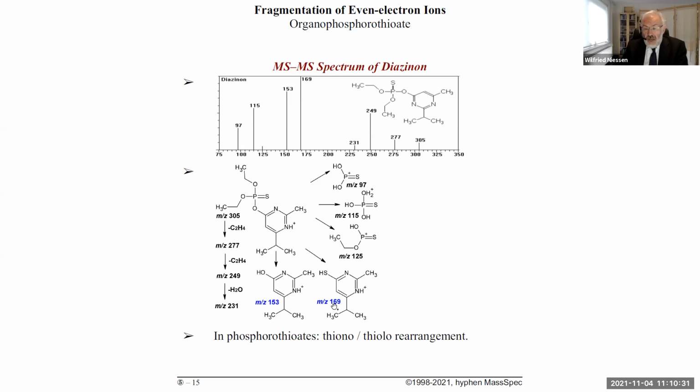The 169 is 16 higher, suggesting that you now have a sulfur instead of an oxygen. And accurate mass tells you that this so-called thiono-thiolo rearrangement actually occurs.